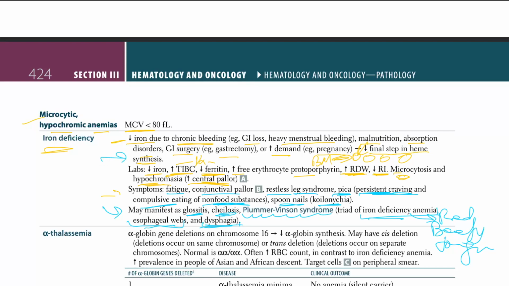So, looking at the labs, there are stages of iron deficiency. The first thing to go down is the stored iron. What is the storage of iron? That is the ferritin. And like I said here, ferritin is inversely proportional to your TIBC. So when ferritin decreases, automatically you will have an increase in TIBC.